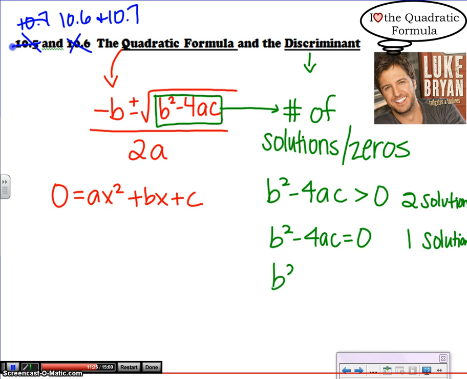And if we have a negative discriminant, smaller than 0, that means we're going to have no solution. Because remember, we're trying to then take a square root of a negative number, which of course we know not to do.